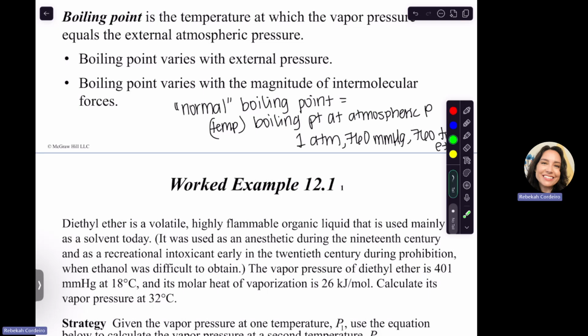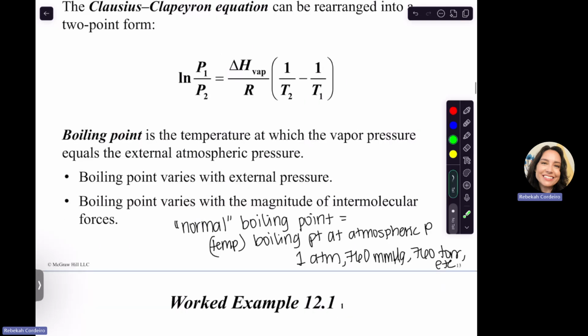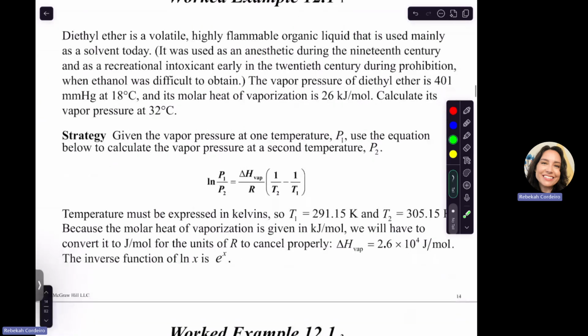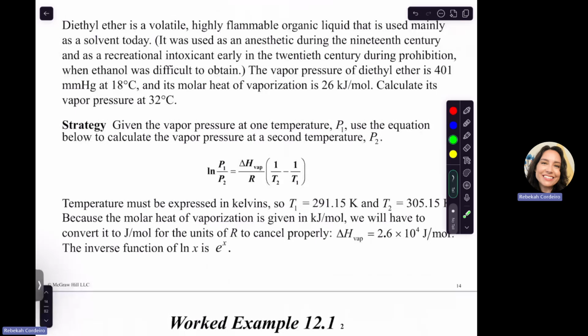Hopefully you did a little bit of trying, at least try to set it up, try to throw it into the formula. We're going to use this formula. It doesn't matter what we choose as T1, T2, as long as the T's and P's match. So we take T1 as 18, and we have to turn that into Kelvin. Why?